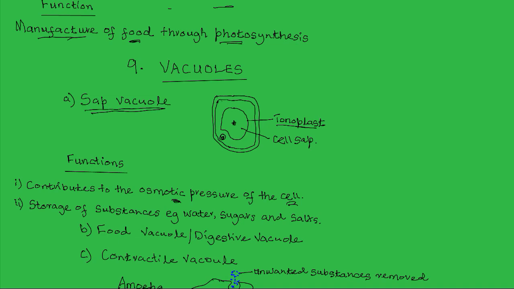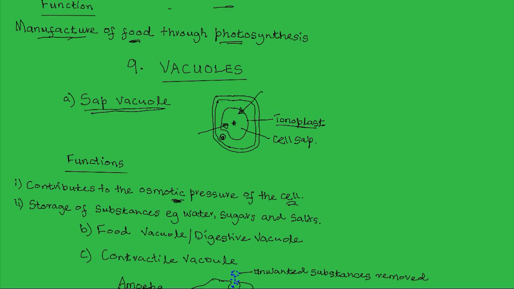So, the higher the concentration of the salts and the sugars, the higher the osmotic pressure that will be generated by the sap vacuole, and the more the water that will be drawn into the cell from the surroundings.